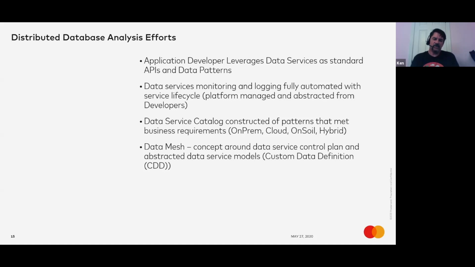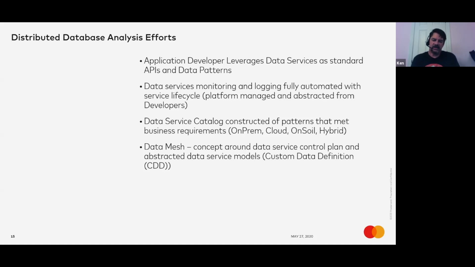And then the last one is an exciting concept we're working on called a data mesh. It's similar to service mesh, if you've been following the service mesh methodology and technology discussions out there. We're thinking of, and starting to do some development around, a data service control plane that has this abstracted data service model.